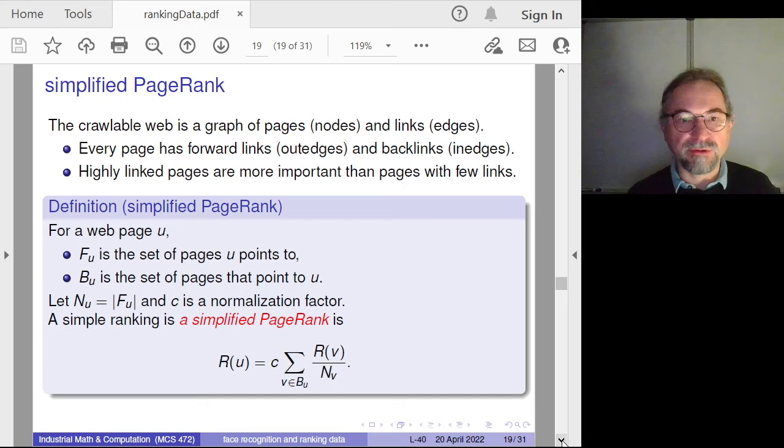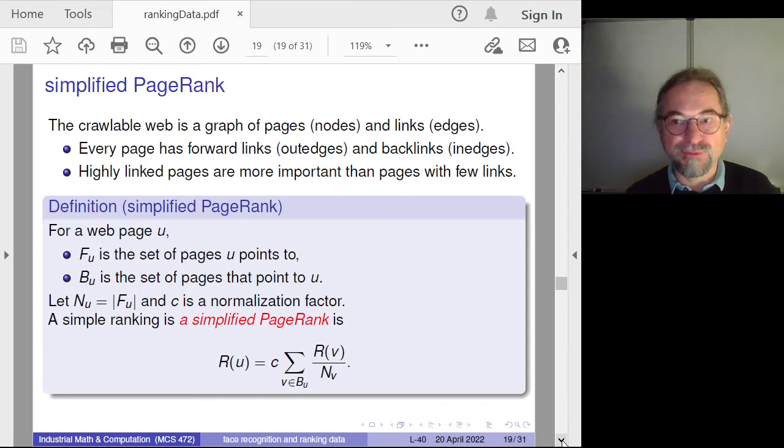So it looks like it is recursive. The R is at the left, the R is at the right, but note that the R at the right is applied to the pages that are referring to U. And the more important a page is that refers to U, the more important U is. U can also apply to you as a person.